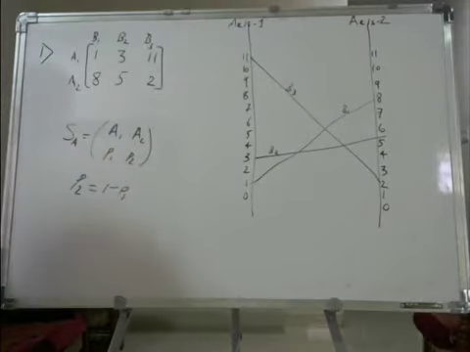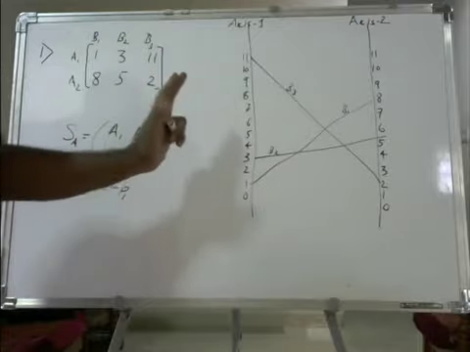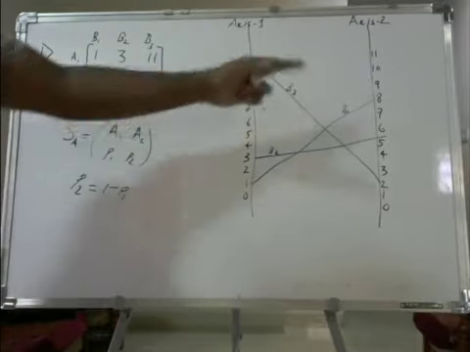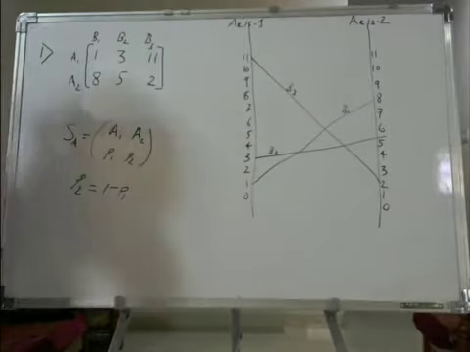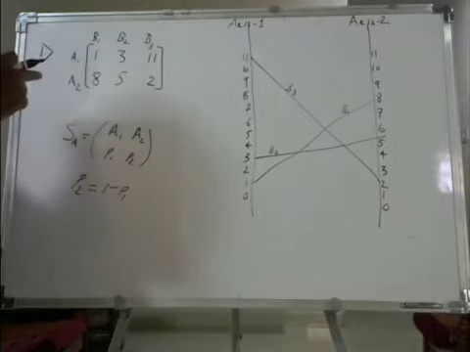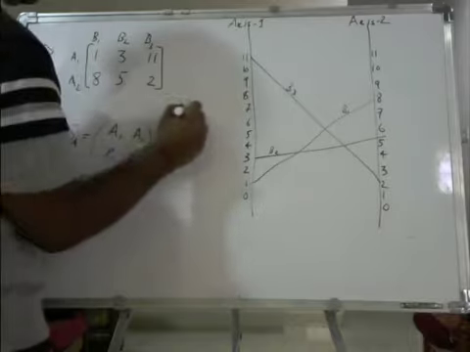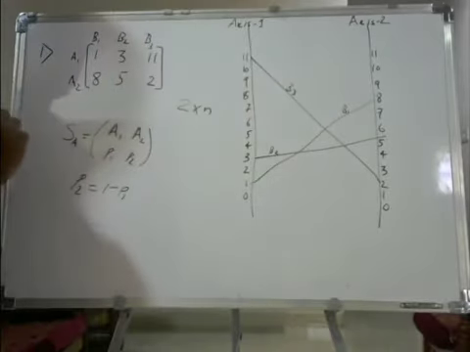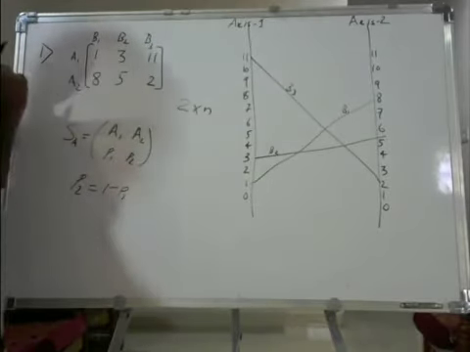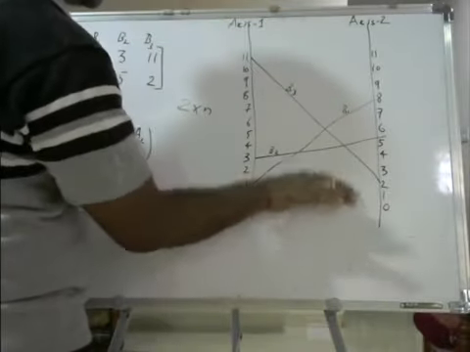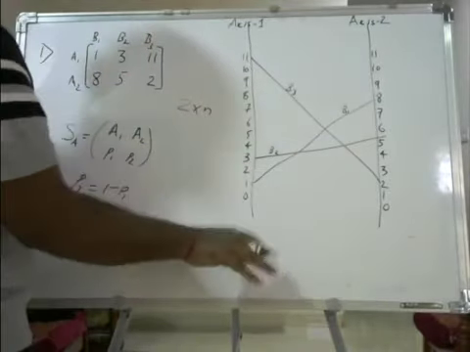Now, when you have drawn the graph, since it is a 2 by n payoff matrix, you need to consider the lower envelope.